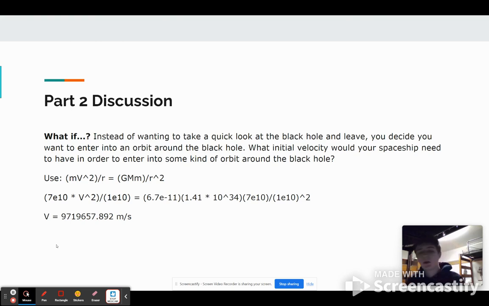Discussion. If we want the rocket to orbit the black hole and to not have to fly straight away like it did in the model, our perpendicular component of force, which in this case is the gravitational force, is going to have to be equal to the centripetal force equation of mv squared over r.